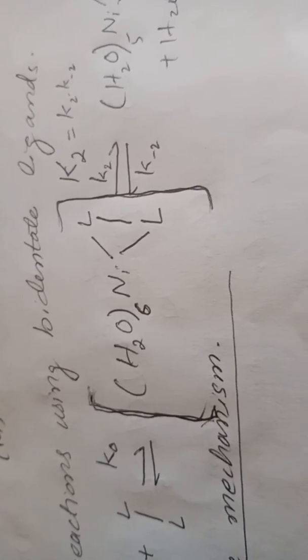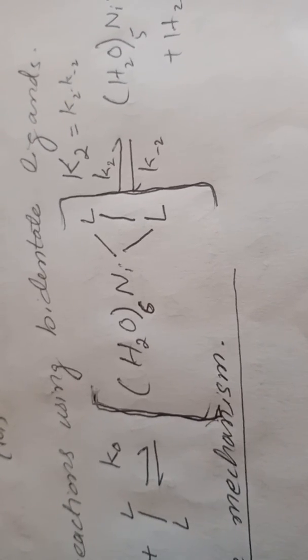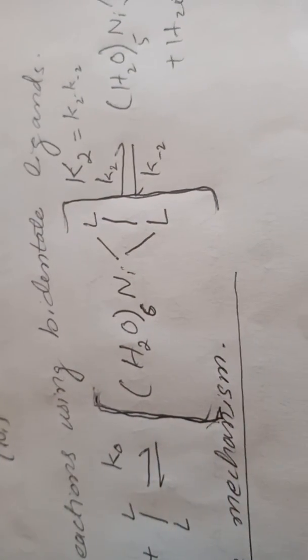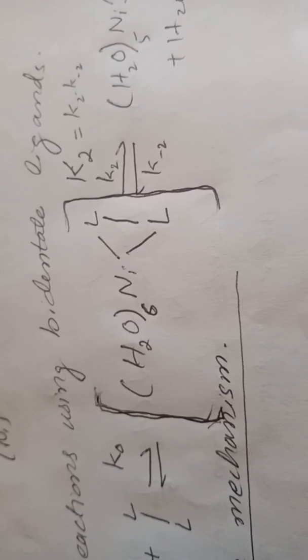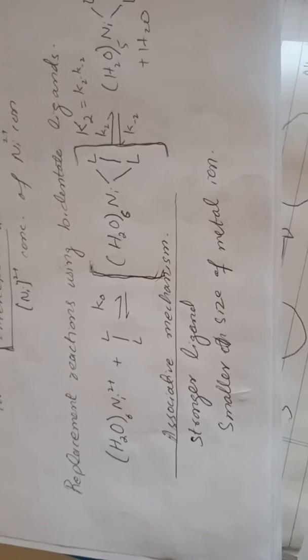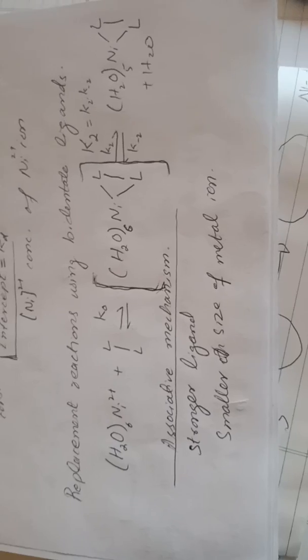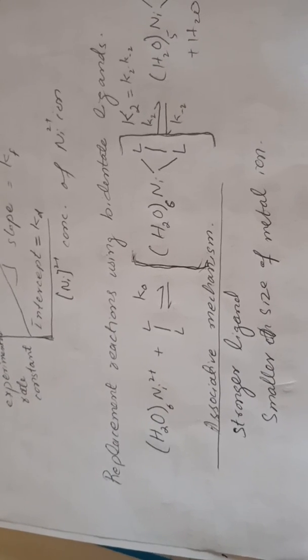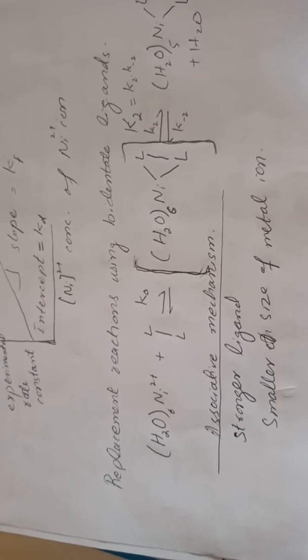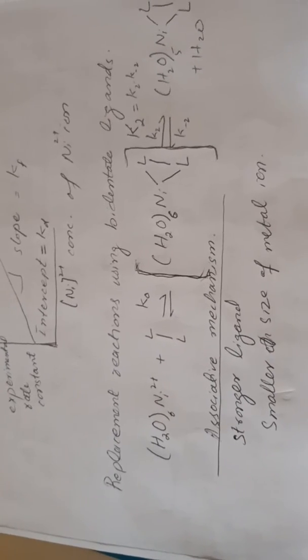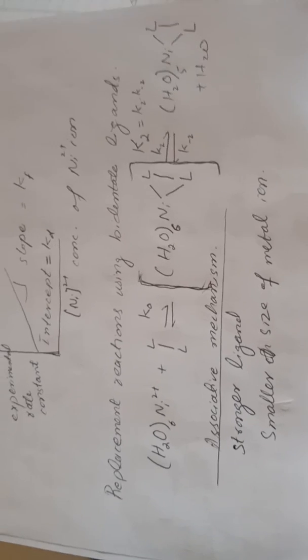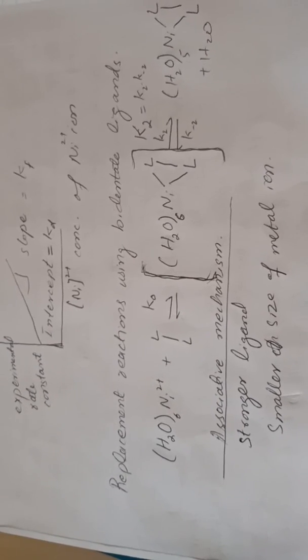Here water molecules are acting as ligand, and the ligand is acting as solvent, which is exchanging the ligand, that is water molecule. SN2 mechanism, or the associative mechanism, is usually favored for the stronger ligands, and as well as for the smaller size of metal ions, which are hard metals, having a higher polarization effect on the incoming ligands.